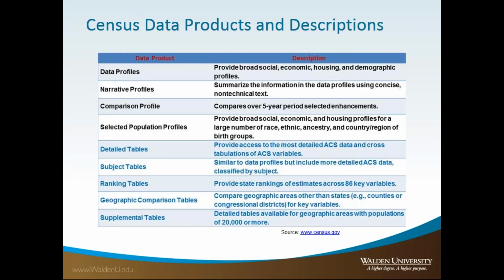So before we go in and see how we can extract some data, I just wanted to show you really briefly two types of profiles that you can pull on census.gov. I'm talking about these two at the very top, data profiles and narrative profiles. And I want to particularly emphasize narrative profiles.